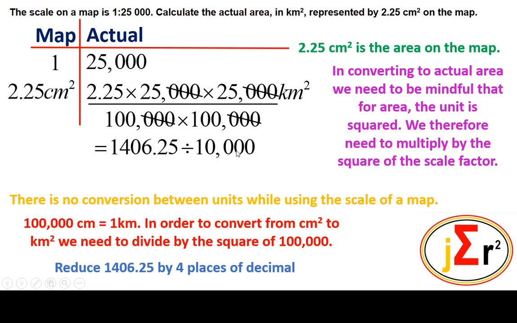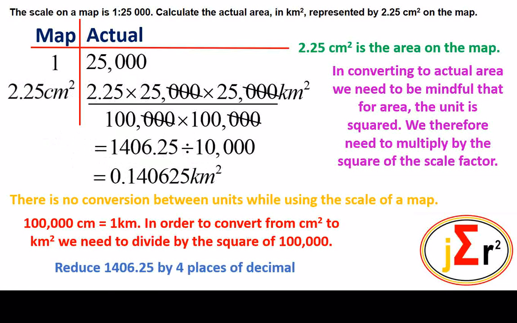And that is for every 0 that we have here. So we'll be reducing this figure by 4 places of decimal. Our answer will therefore be 0.140625 square kilometer. There is your answer, 0.140625 square kilometer. And some students will say kilometers squared.